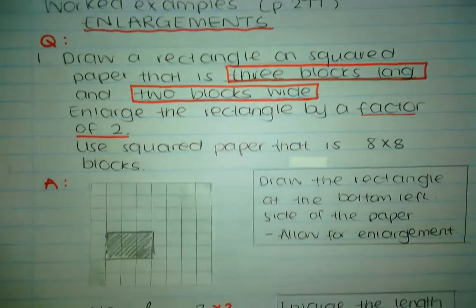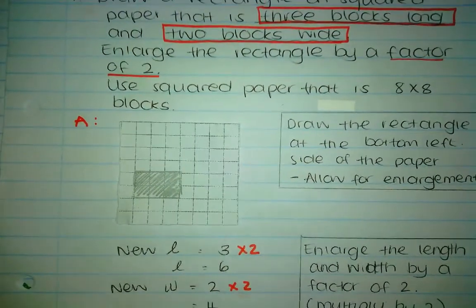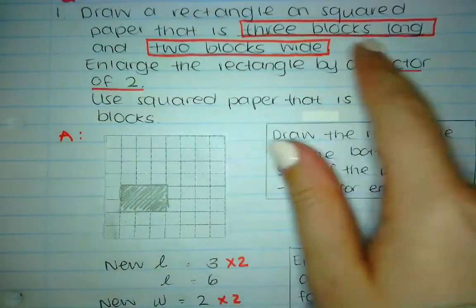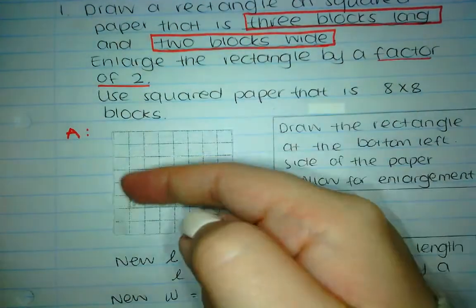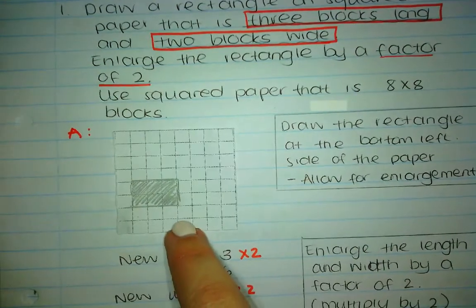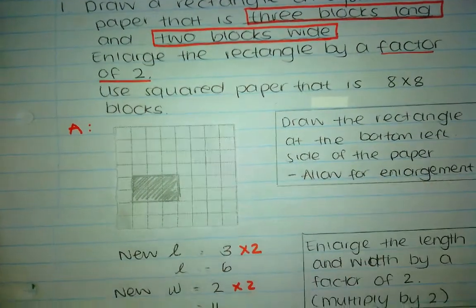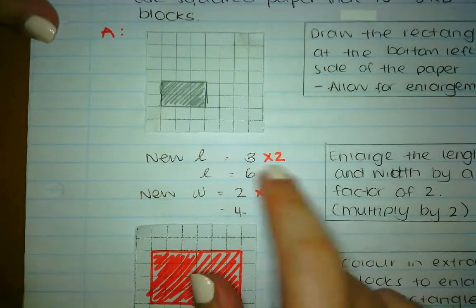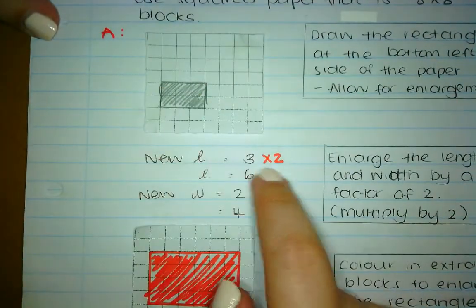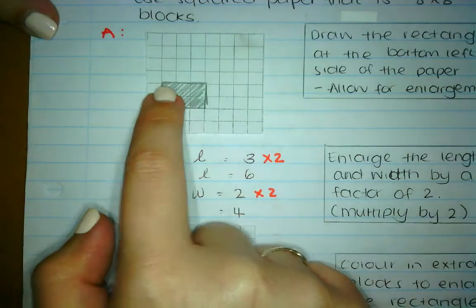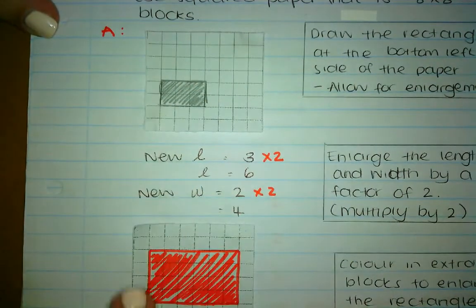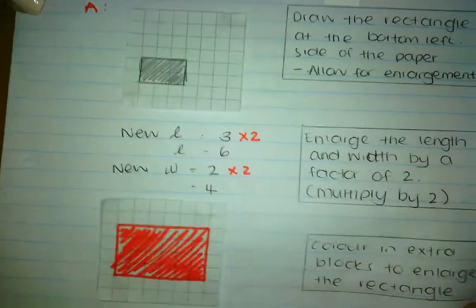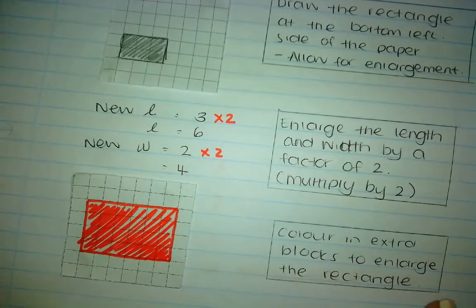So it is there, and it's explaining basically that if you have 3 blocks long, so these are the 3 blocks, and if you have 2 blocks wide, it's 2 blocks down. And when it is increasing by a factor of 2, that means that your numbers are just going to increase by 2. So instead of having 3 there, you're now going to have 6. And instead of having 2 there, you're now going to have 4. So it was enlarged by a factor of 2.